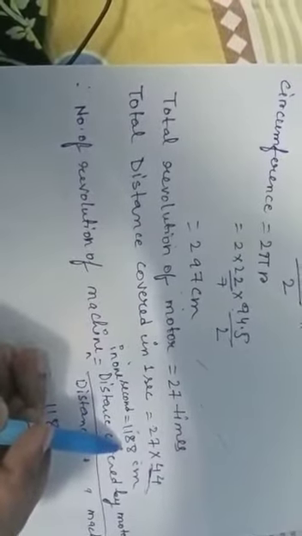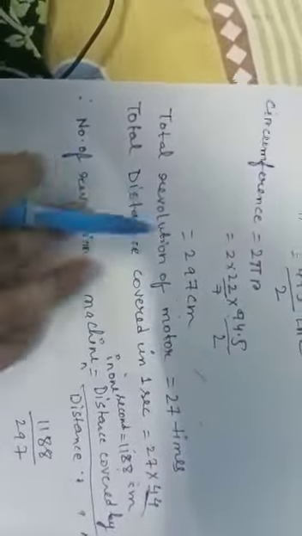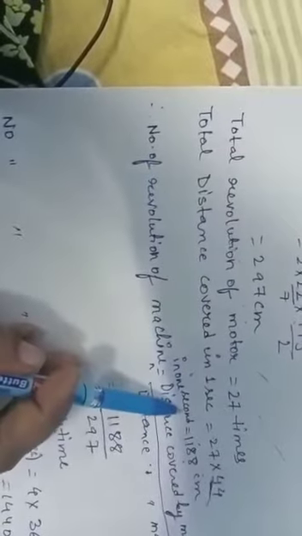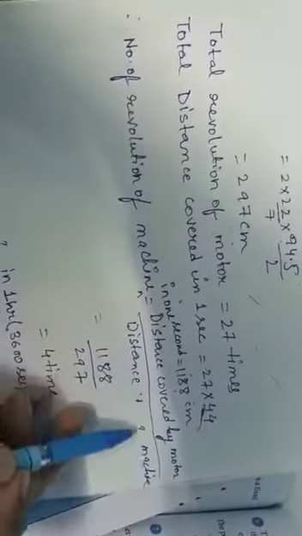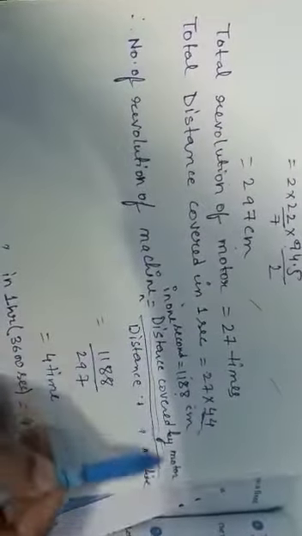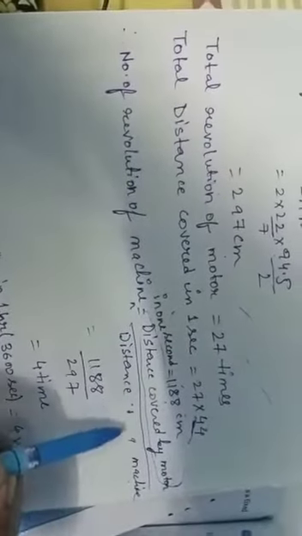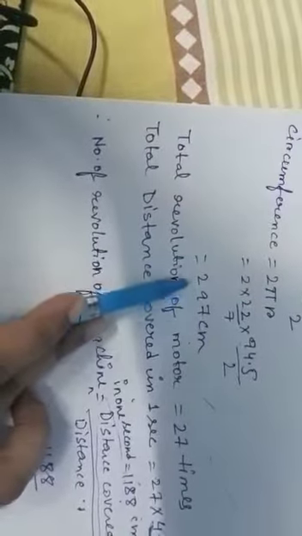Now we have to find the number of revolutions of the machine in 1 hour, not 1 second, but first we find the number of revolutions of the machine in 1 second. There is a formula: distance covered by motor divided by distance covered by machine. The distance covered by motor is 1188, and by machine only 297.